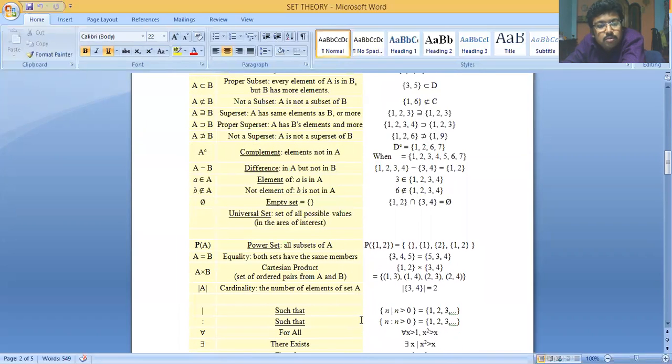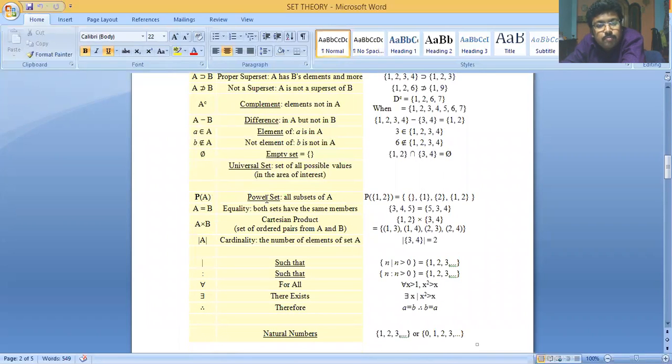Now, the power set. It is all subsets of A. This is this set: 1 is a subset, 2 is a subset, {1, 2} is a subset.